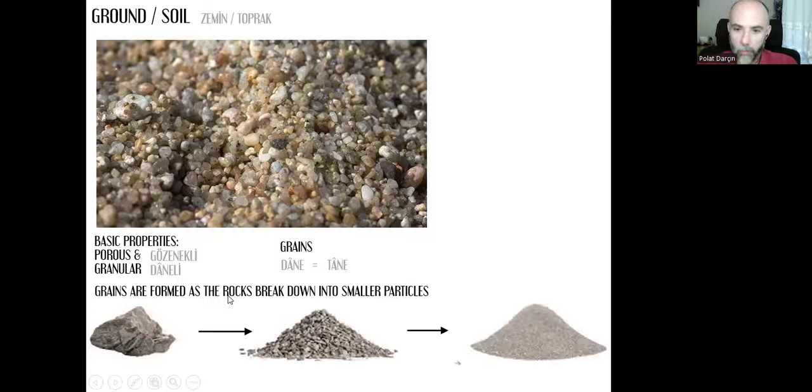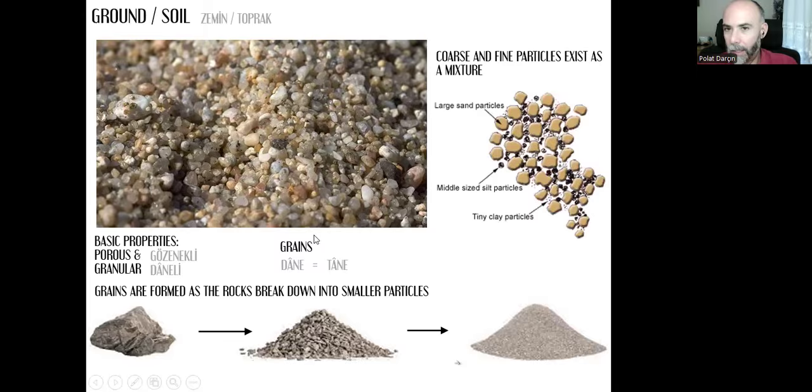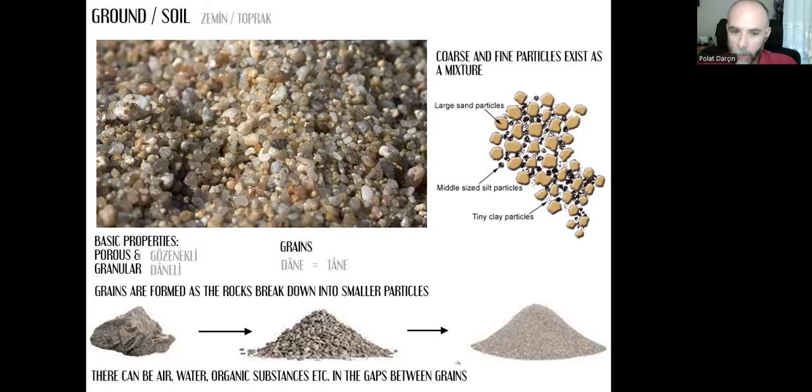or artificial causes. And all these coarse and fine particles exist in a mixture, and the gaps between them are most probably filled with either air or water, or there can be organic substances.